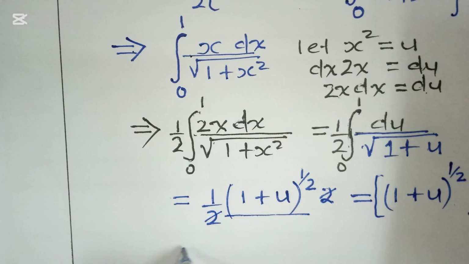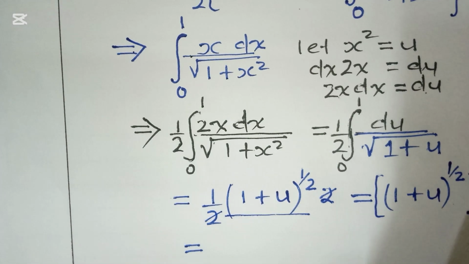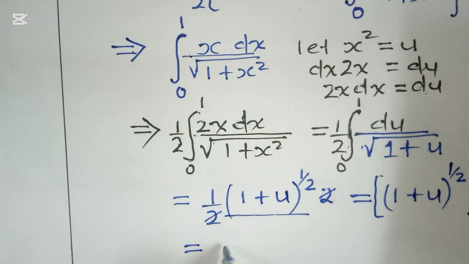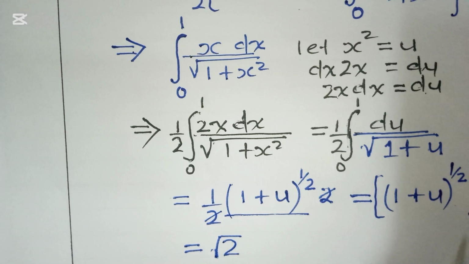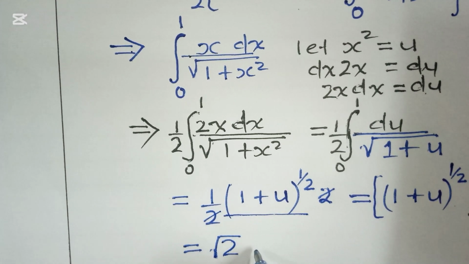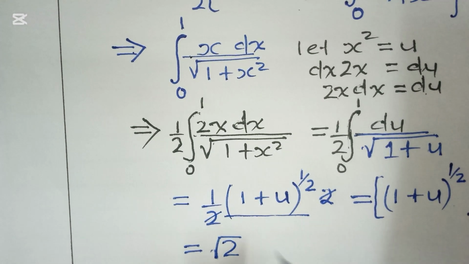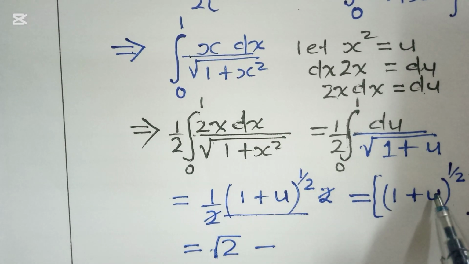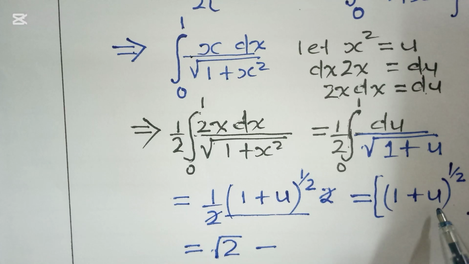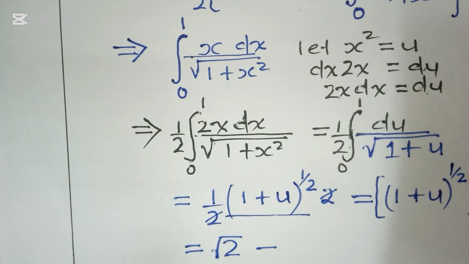So guys, when we put 1 here, we are going to have 2, that is square root of 2. And then when we put 0, guys, we are going to have minus. But before we do that, we are going to change, so I can cancel this.